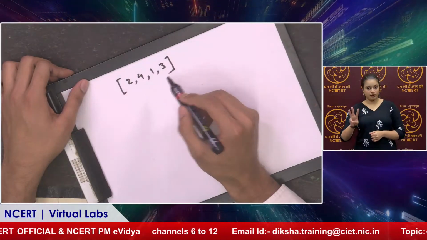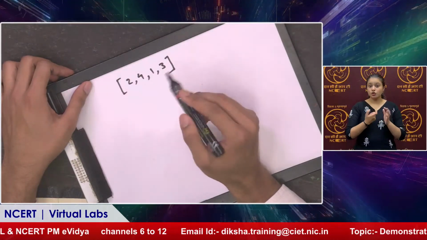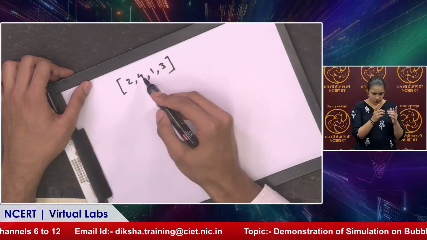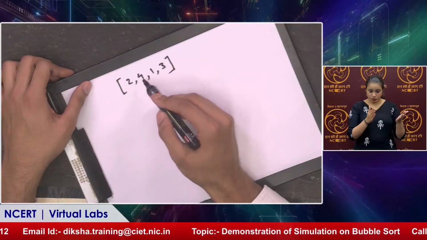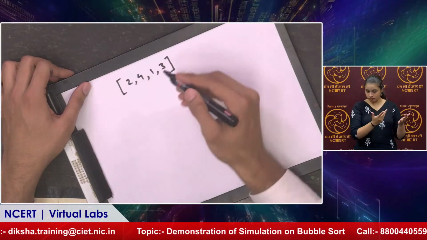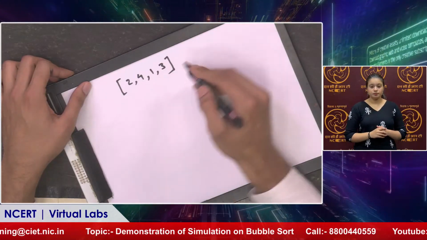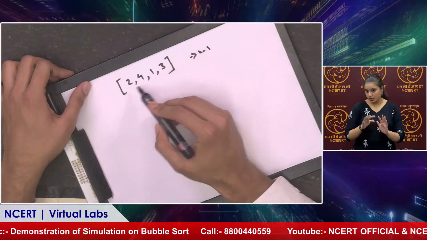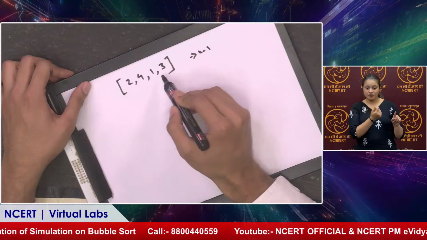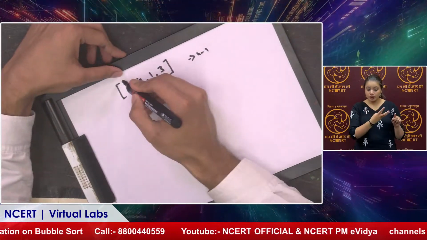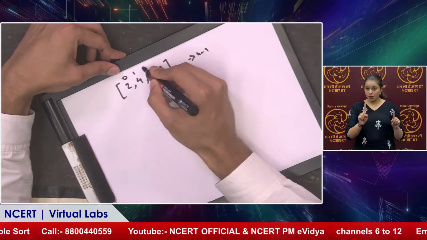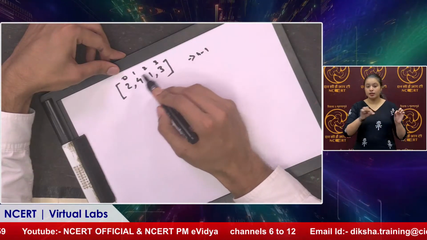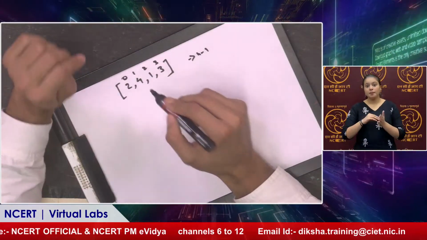So basically bubble sorting will check the first two numbers, it will compare the right number from the left, whether it is greater or smaller. And it will go till n minus 1. N minus 1 means the length. Here you can see the array has 4 numbers, but in an array we count the index as 0, 1, 2, 3. It means there are 4 elements in the length.